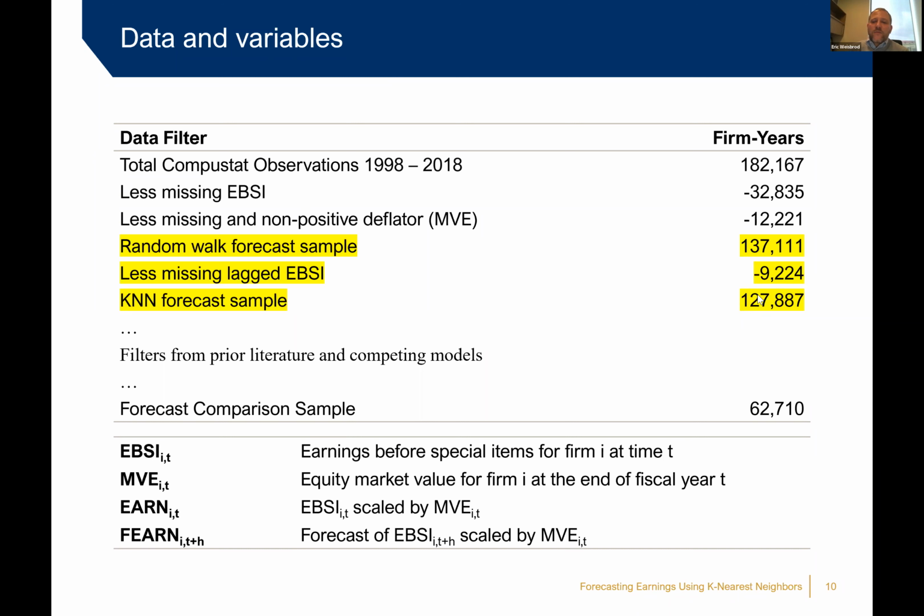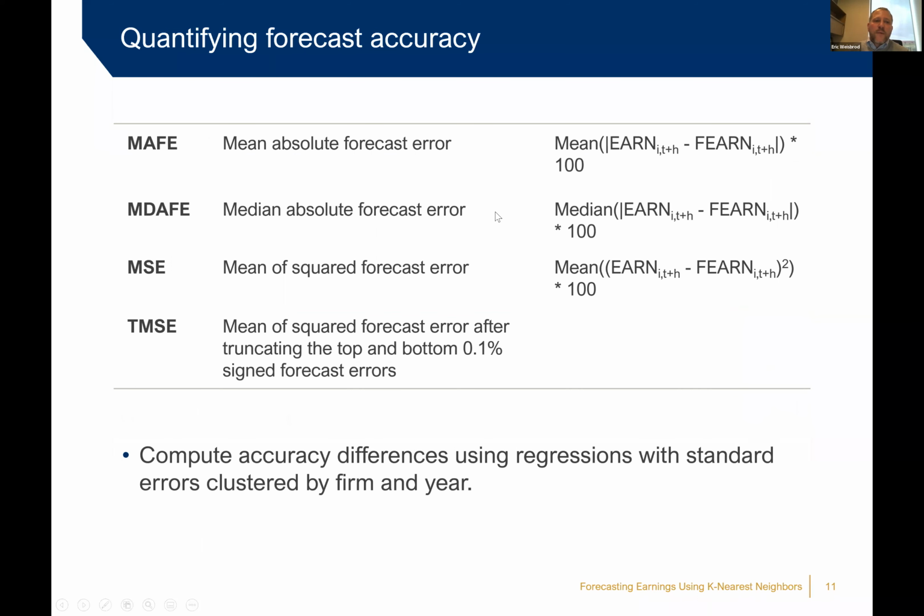So it's really broadly applicable. You don't need data on accruals or dividends, or analyst coverage. We end up with a much smaller sample in our testing window, but that's mostly because of the competing models' data requirements and filters that we apply, not related to the applicability of our method.